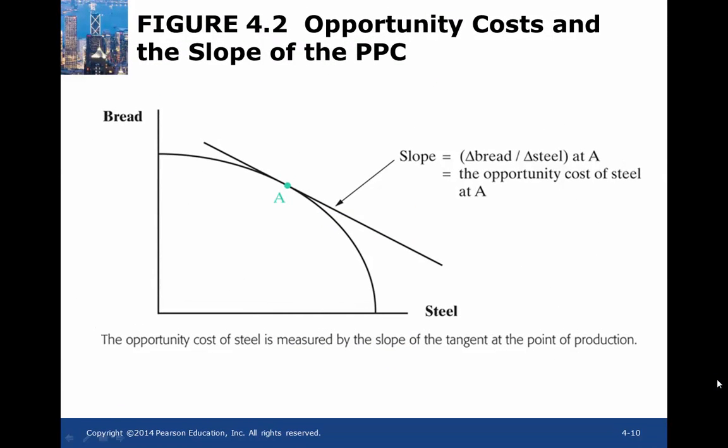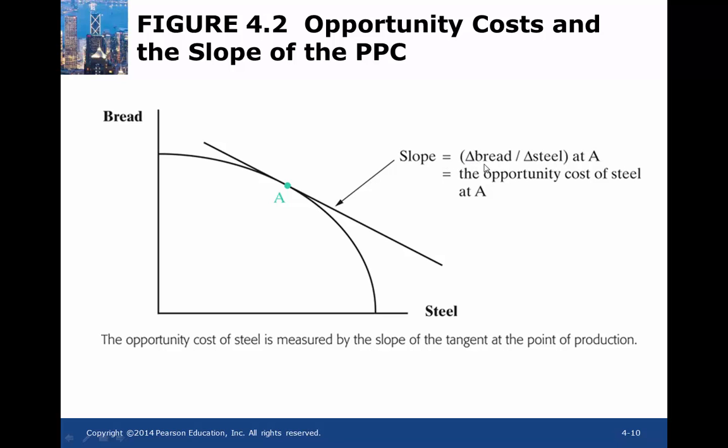Opportunity costs and the slope of the PPC. Here you can see that the slope at point A is equal to the change in units of bread over the change in units of steel. Delta shows what? Change.